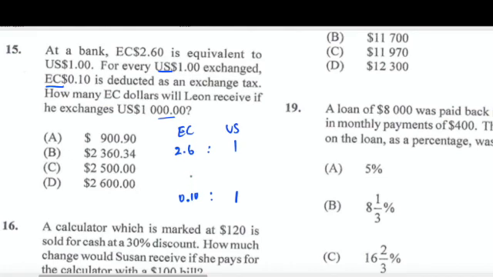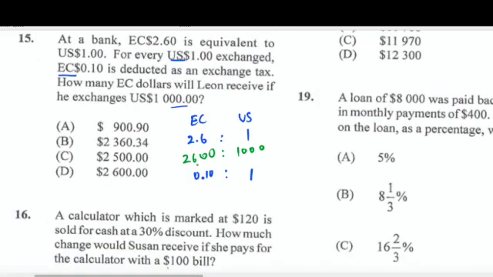At this exchange rate, if he exchanges 1,000, we have to multiply this by 1,000, so we'll get 2,600. So if he exchanges 1,000 at the exchange rate, he is supposed to get 2,600, but we have to make the deduction, right? So for every $1, he has to be deducted 10 cents.